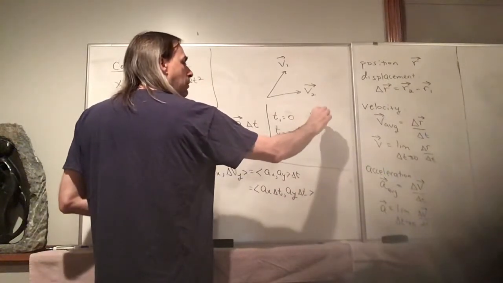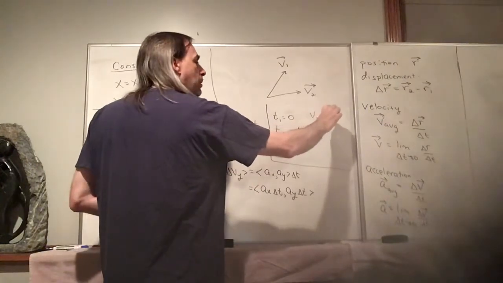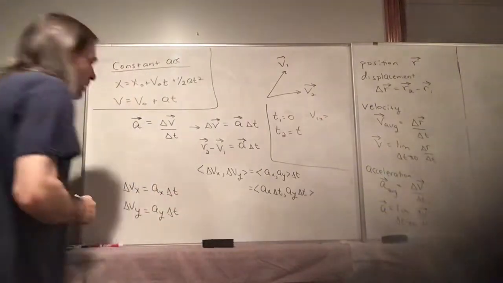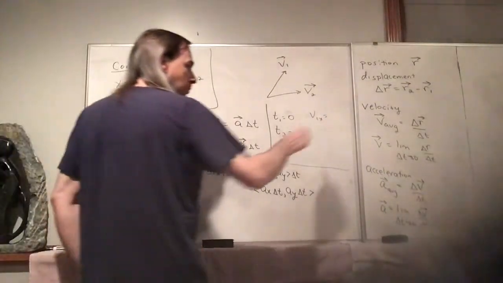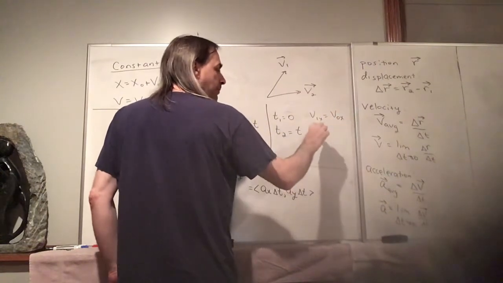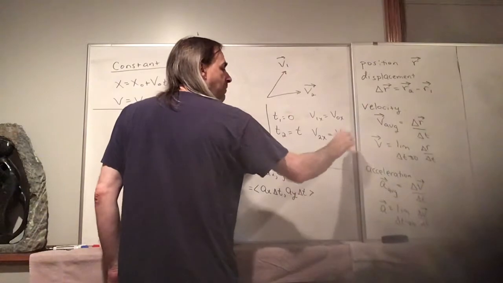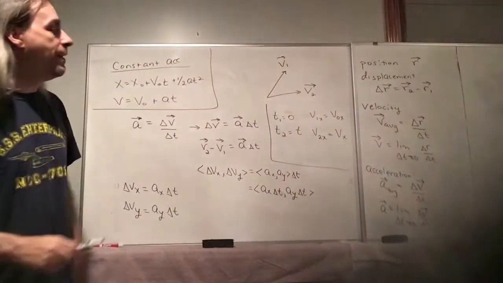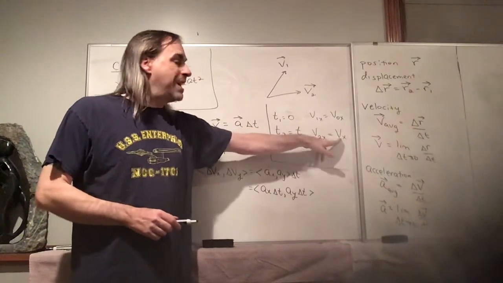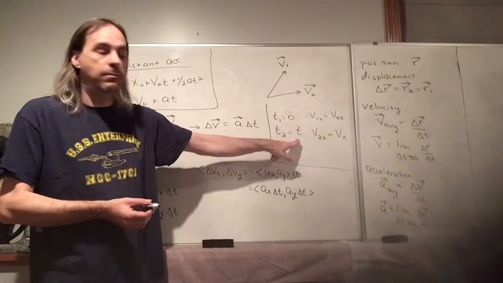Then v1x, let's call that v not x, and v2x is just going to be Vx. So again, this is at some arbitrary time, so this is the x component of the velocity at time t.